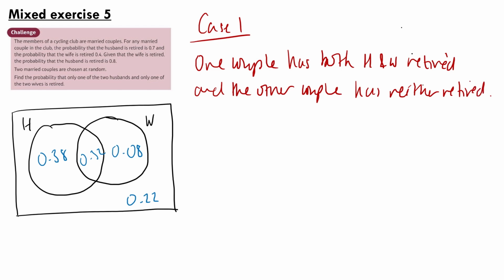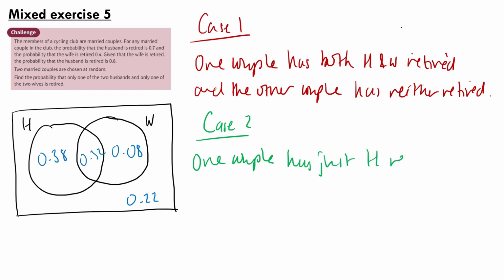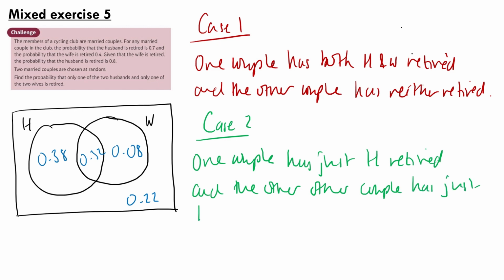So that'll give us our one husband and one wife retired. And our second case, case 2, is that one couple has just the husband retired, and the other couple has just the wife retired.